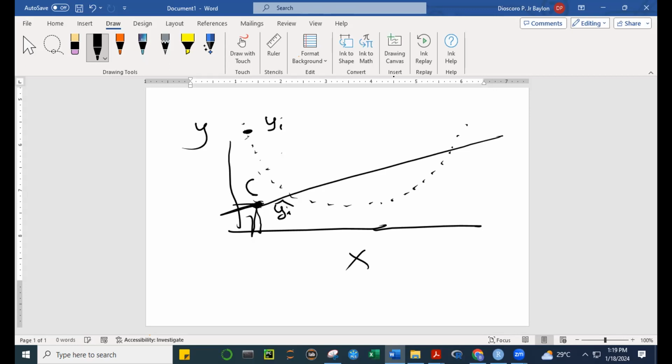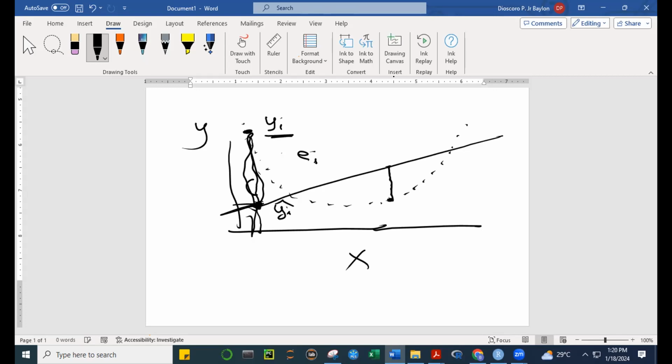The distance between your actual value and your predicted value is your residual. Yun yung mali, yung error, di ba? So for this one, class, this is your actual value, this is your predicted value.